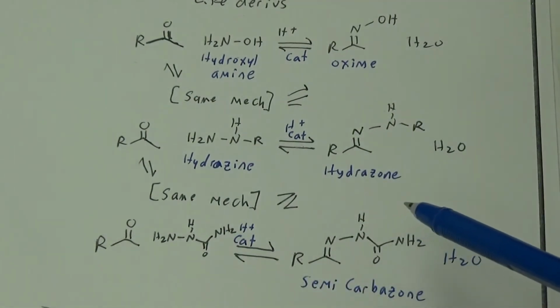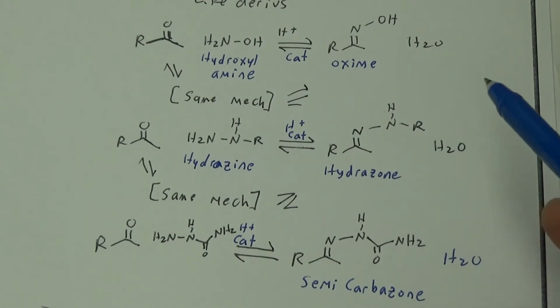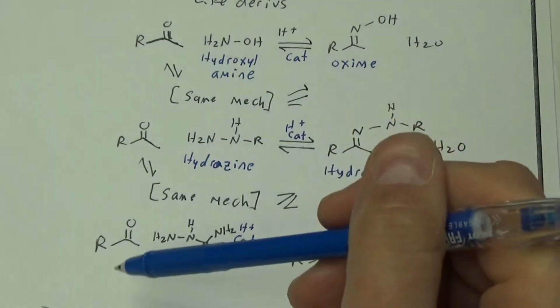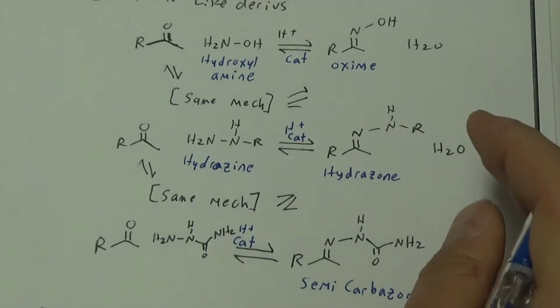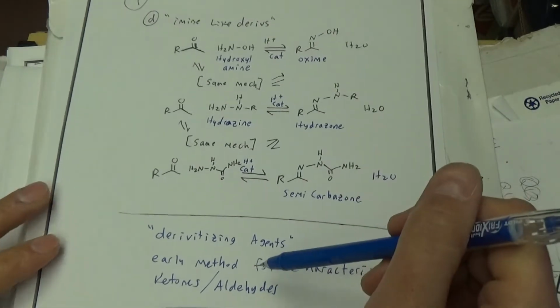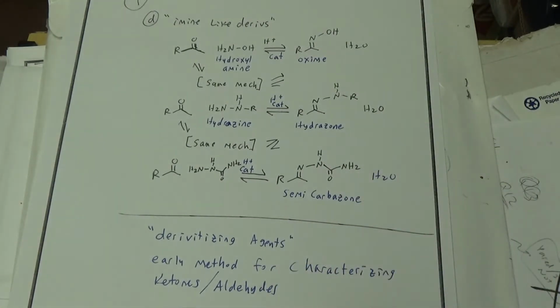So does that make sense? It's an old way we used to figure out the chemical structure of ketones. Now we get NMR. NMR is amazing, so this is not as commonly used.